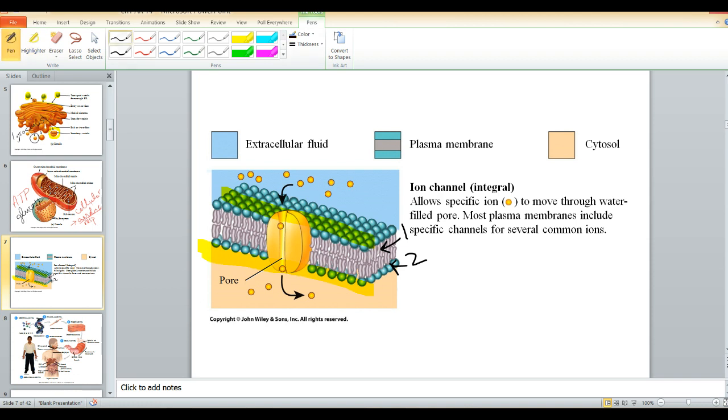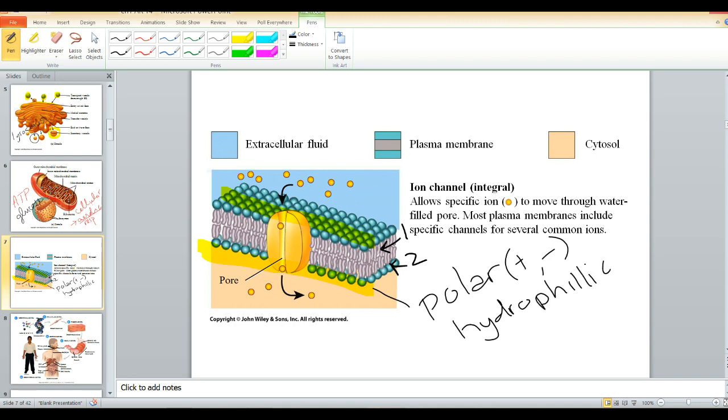These phosphate heads are going to be water-loving, so they're considered polar. They do like charges, and they're also known as hydrophilic. Okay. But then we have the inside. The inside is going to be made up of fatty acid tails.